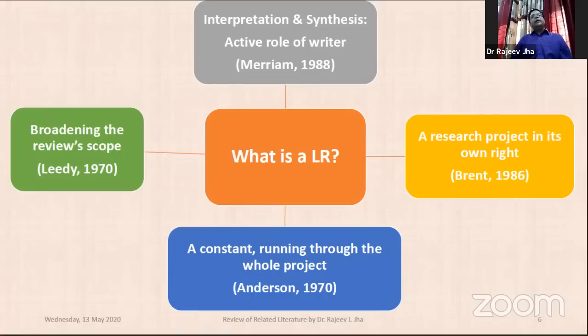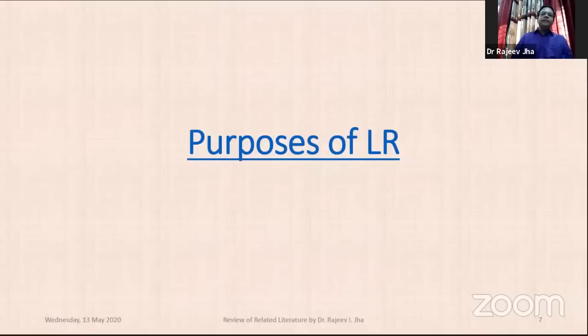That means literature review is not confined to the second chapter, usually in a thesis or in report writing. It is, in fact, spread out and serves different purposes throughout the thesis, throughout the report, as the case may be. And hence, it's a constant running through the whole project. It is also the broadening of the review's scope. So with this understanding, we move forward. Next slide, please.